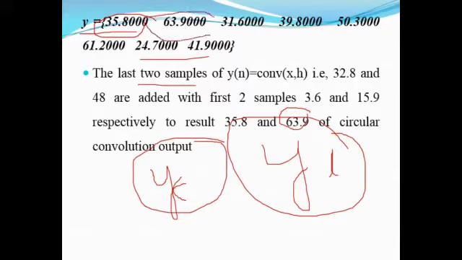That is the second sample, which is the result of circular convolution. If we perform circular convolution, we obtain the result y of n. Instead, we find the linear convolution and obtain the result of circular convolution.